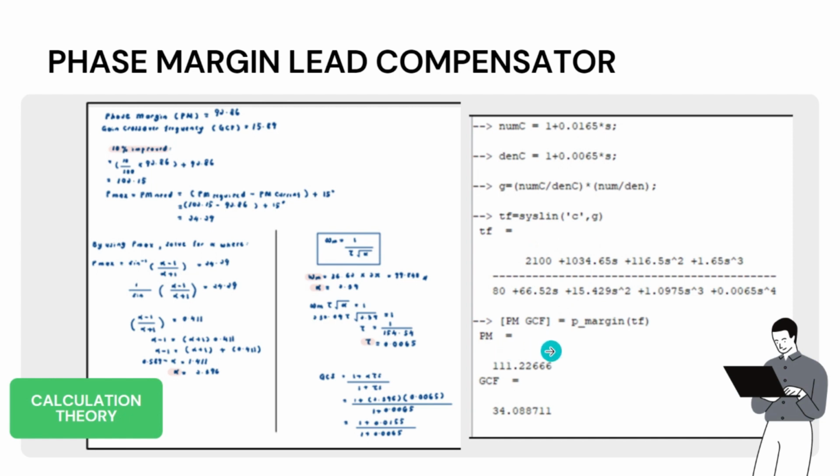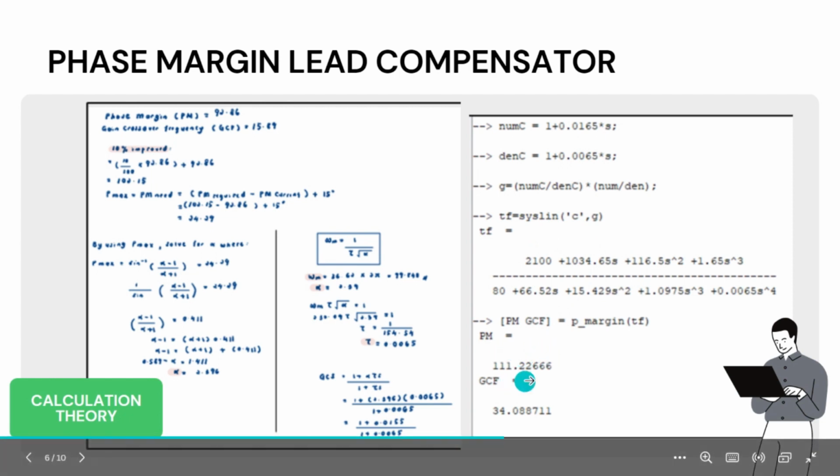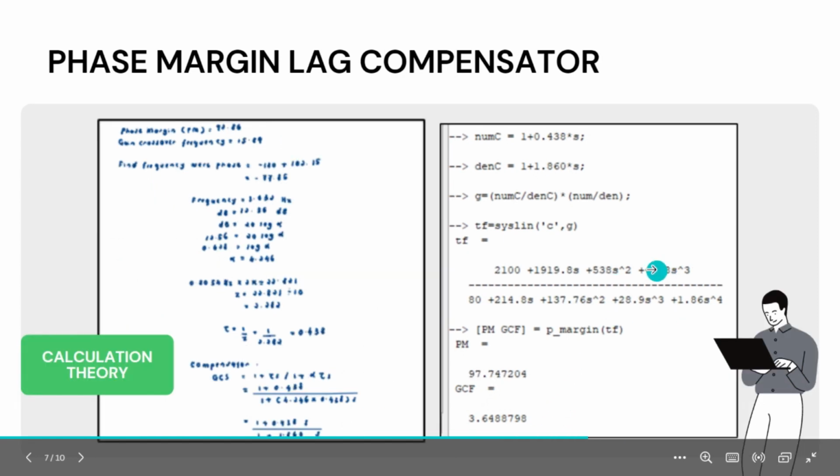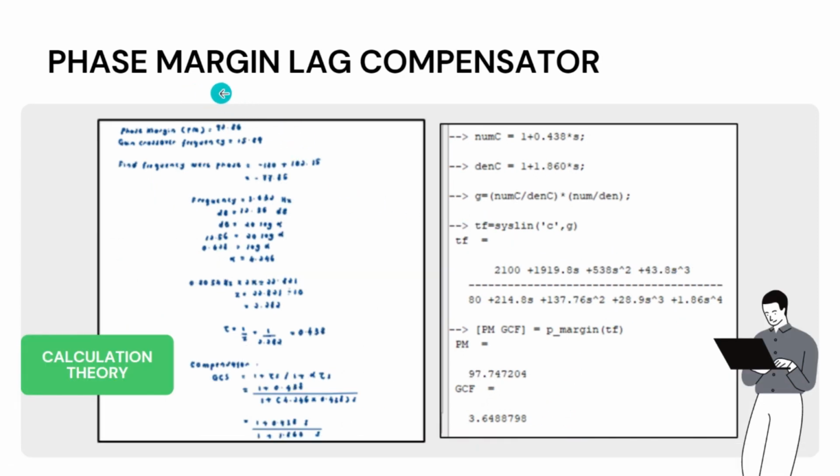This is the phase margin for the lead compensator, which is 111.22. This is the gain crossover frequency, which is 34.08. The same goes for the phase margin of the lag compensator, where we find the frequency where the phase is negative 77.86.